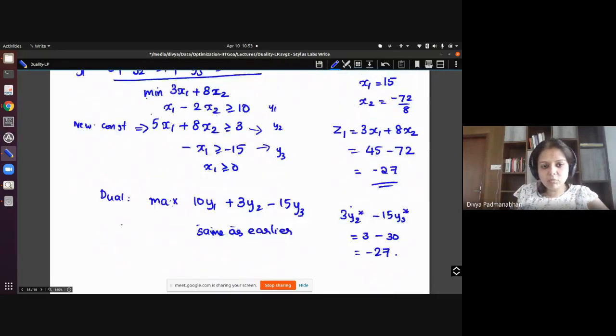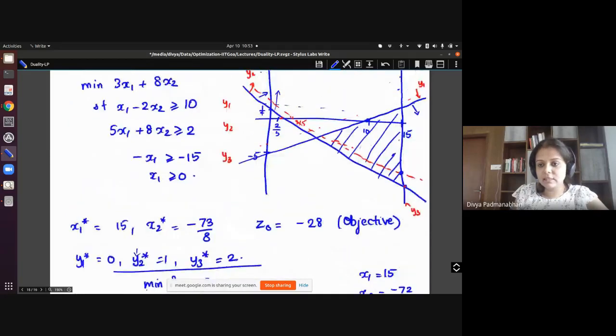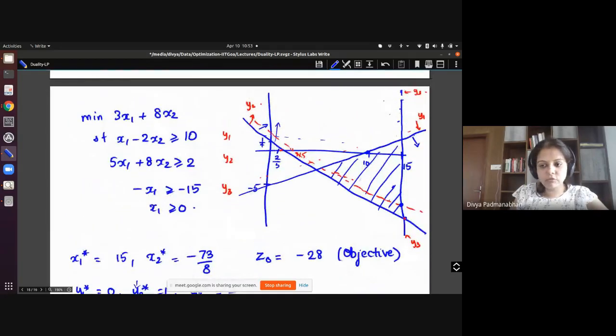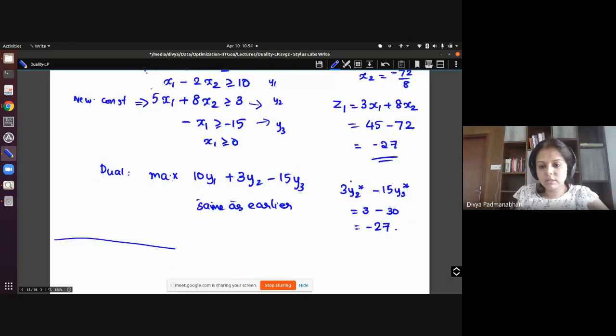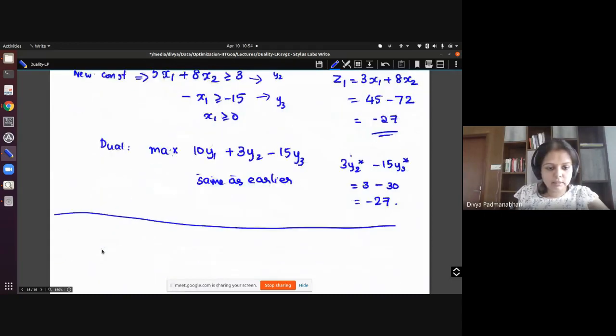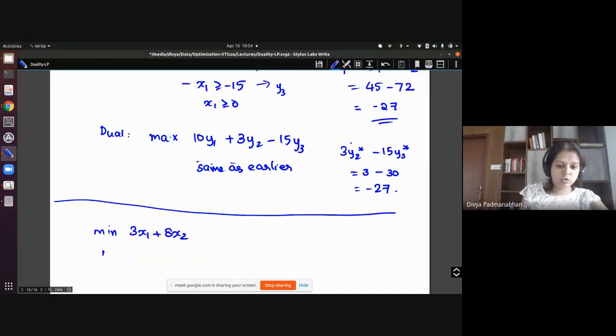Now you can try the same thing if you change this third constraint, this 15, x1 less than or equal to 15. Suppose you made it x1 less than or equal to 14. Now let's write the other one. Min 3x1 plus 8x2, still the same, subject to x1 minus 2x2 greater than or equal to 10.